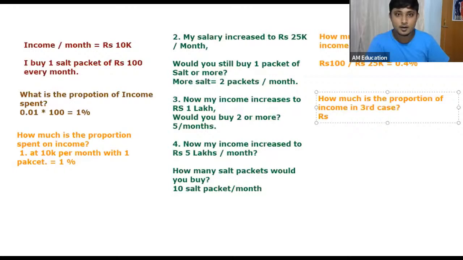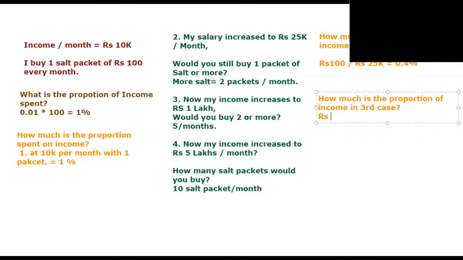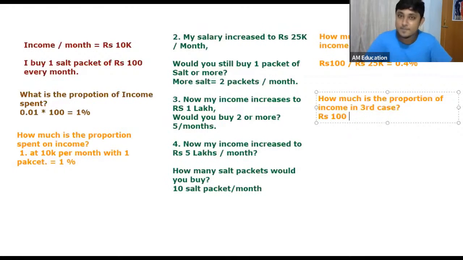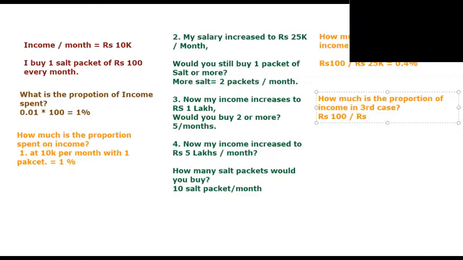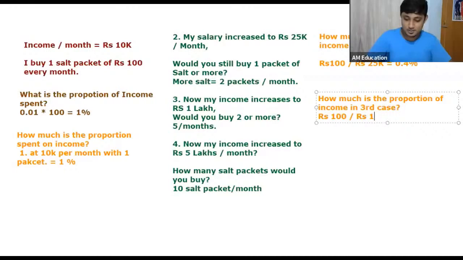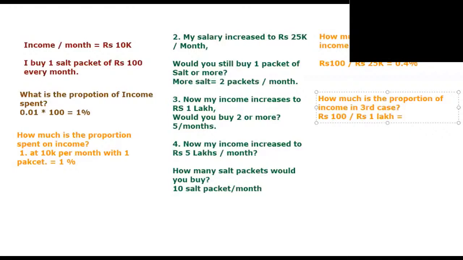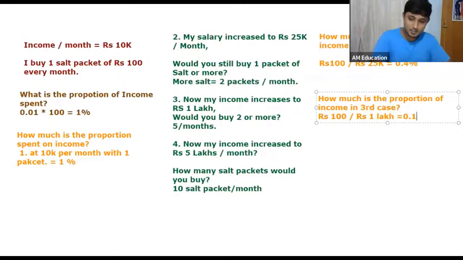One packet. Rupees 100 divided by rupees 1 lakh. How much percentage is it? 0.1 percentage. So as your income is increasing, the proportion you spend on salt is decreasing even more. That means salt has negative income elasticity.